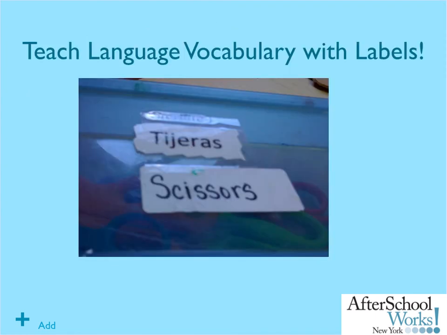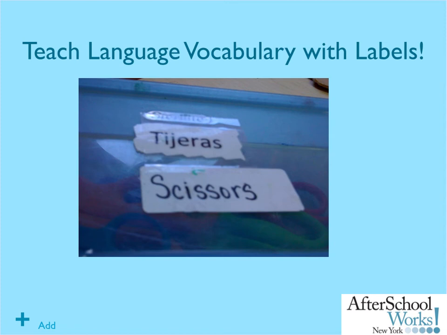We can also teach language, vocabulary, by using labels. But let's not start with just teaching English vocabulary. Let's teach Spanish and Chinese and Swahili and any language that you might have that might connect with the cultures in your program or connect with a theme that you're doing for a particular week or a particular month.